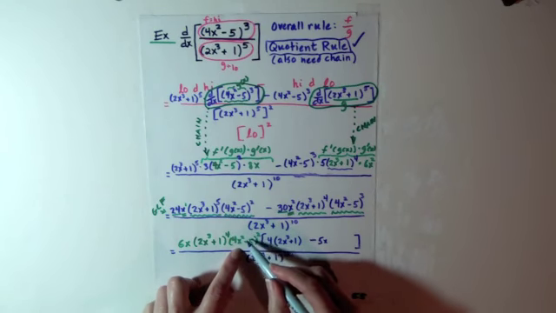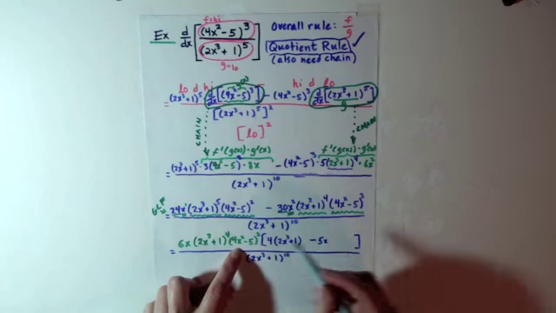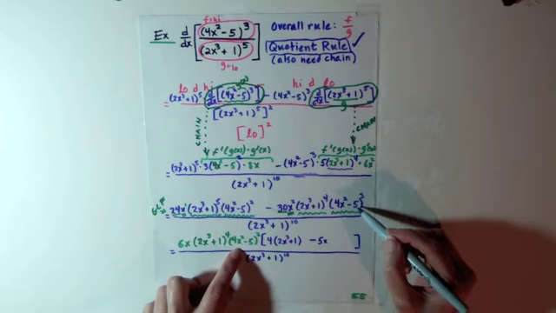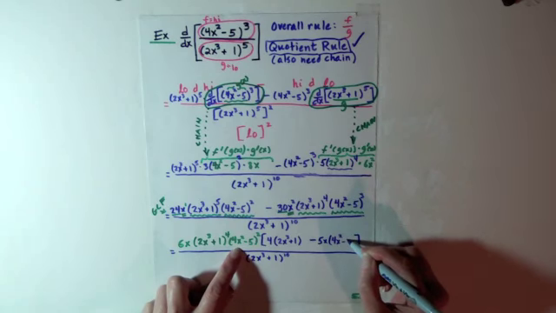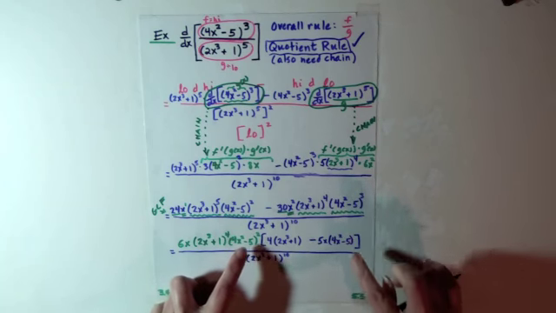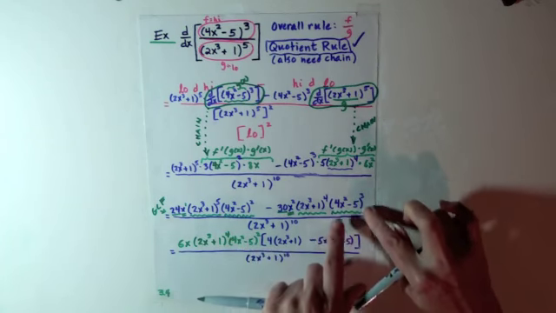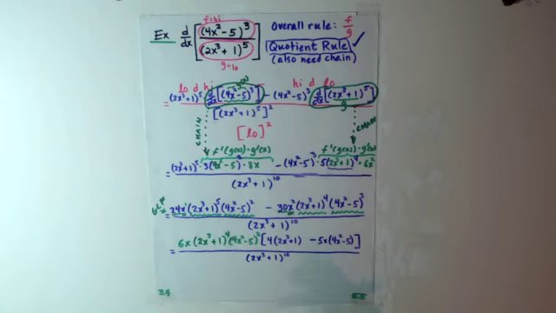And when I go to 4x squared minus 5 to the 2nd, well, this is 4x squared minus 5 to the 3rd, so I do have one additional factor of 4x squared minus 5 here. You could think of it as 4x squared minus 5 to the 1st. When you multiply these two together, we would get 4x squared minus 5 to the 3rd.